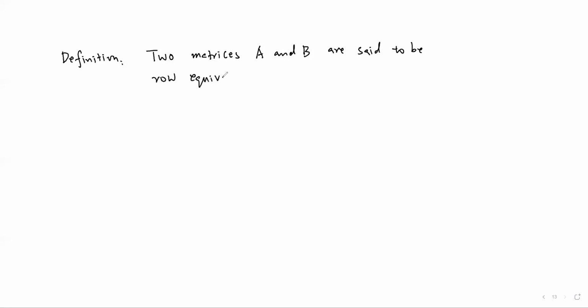Next, let me introduce a term. Let me call this definition. Two matrices A and B are said to be, just a term, row equivalent.